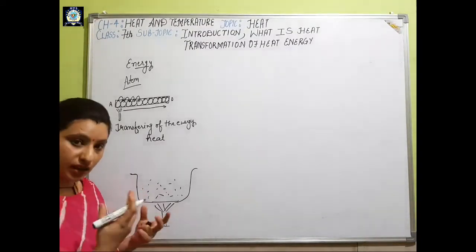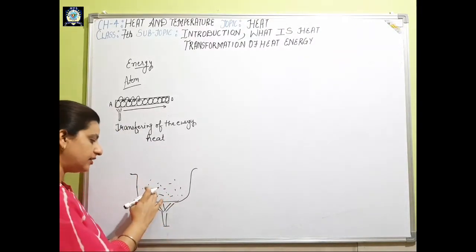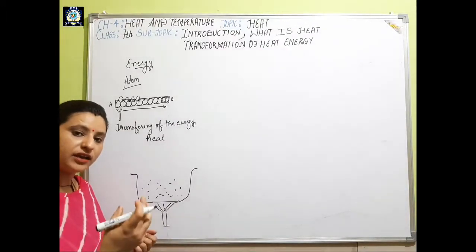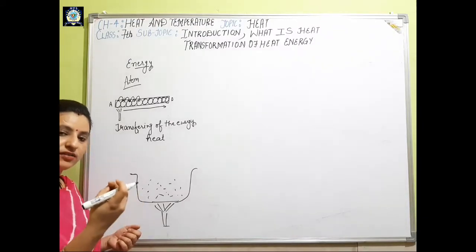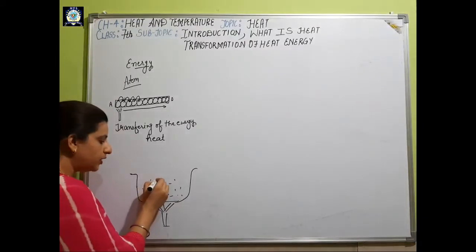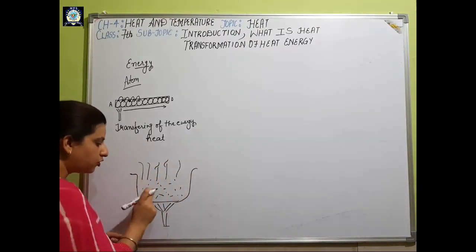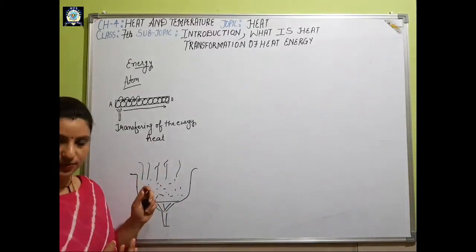Water molecules are gaining the heat energy, and after a certain period of time these water molecules start boiling up. When the temperature still goes on increasing, a time will come when these water molecules can change their state from liquid to gas.